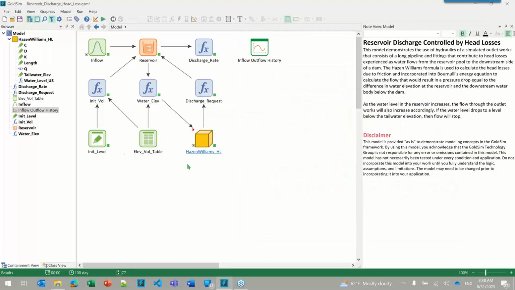Everything else is quite similar. We end up with a discharge request, which is the flow based on the hydraulics of that pipeline. That becomes our request, and then the ultimate rate is calculated as the output of this reservoir.